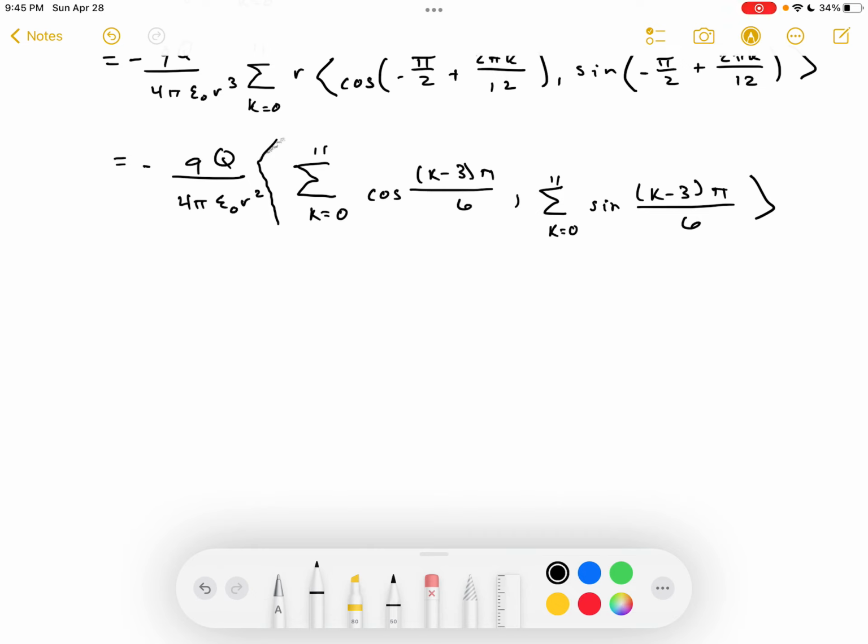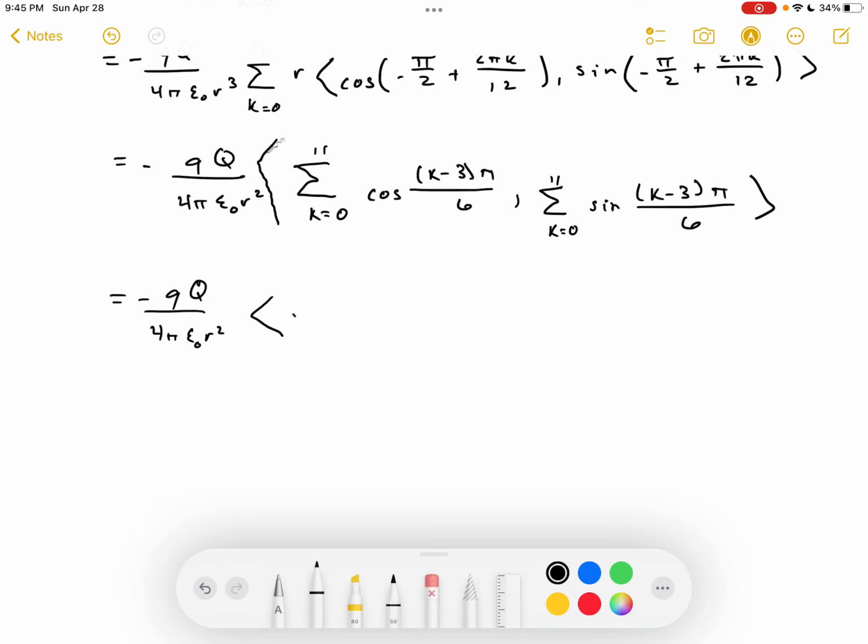We just need to, like I said, add them all together, so we get negative little q times big Q all over 4 pi epsilon naught r squared.